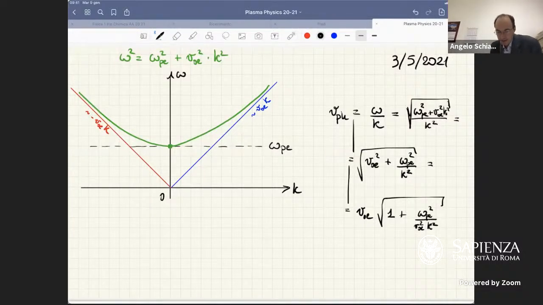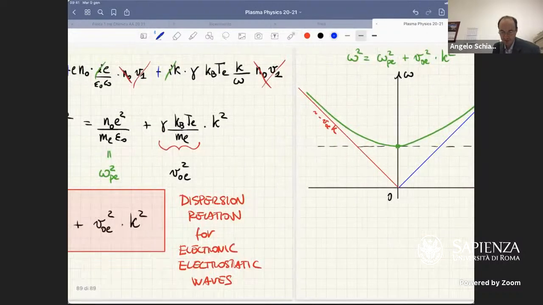And as k goes to infinity, this term goes to 0, and we see that the waves are traveling at the characteristic speed for longitudinal waves. So let's remember what this is.